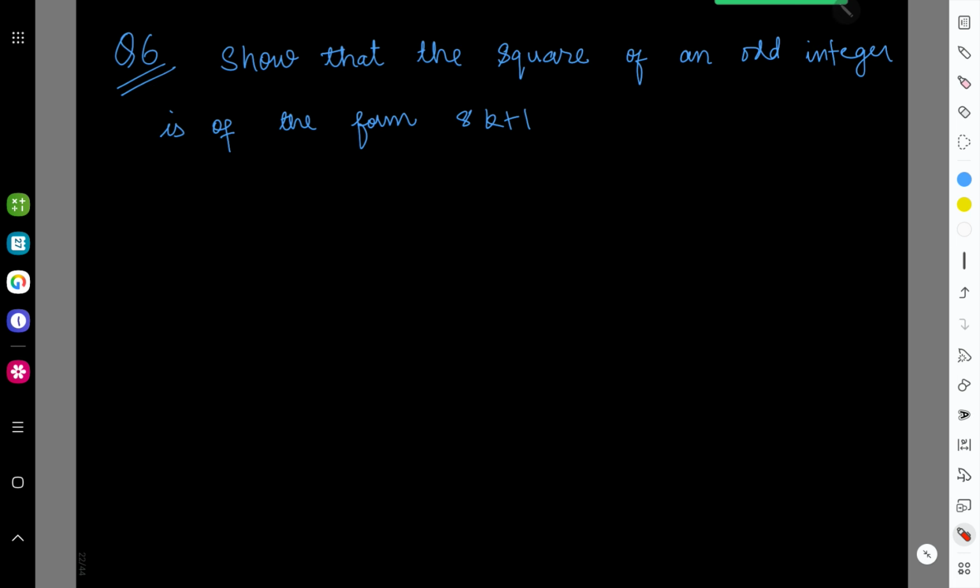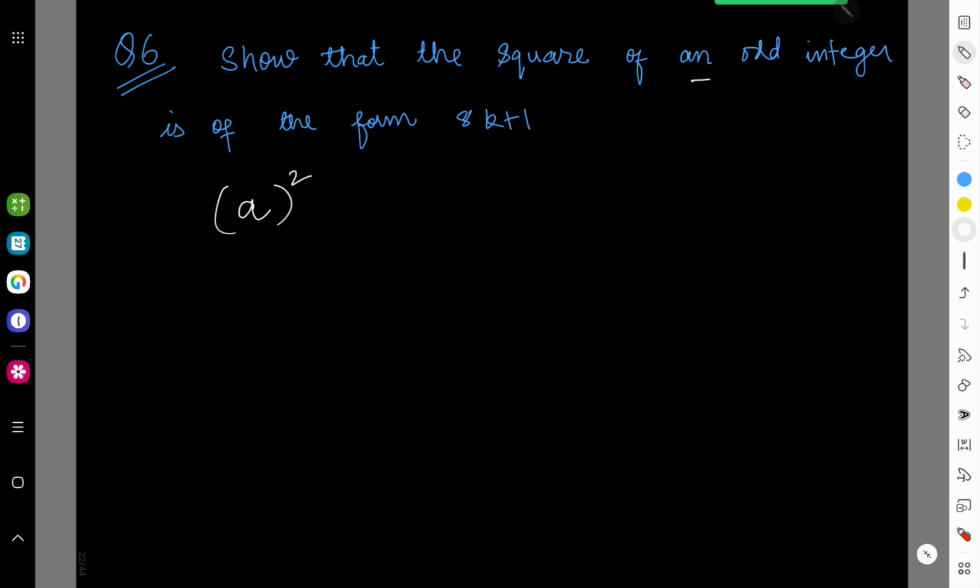So we will be discussing a square and one integer, which is odd. That one odd integer can be any odd integer.